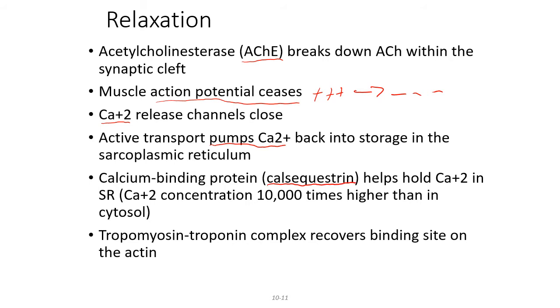That's what allows us to have that 10,000 to 1 concentration between the cytoplasm and the sarcoplasmic reticulum. With the calcium gone, our tropomyosin troponin complex recovers the binding sites all over the actin, and now contraction can no longer occur.